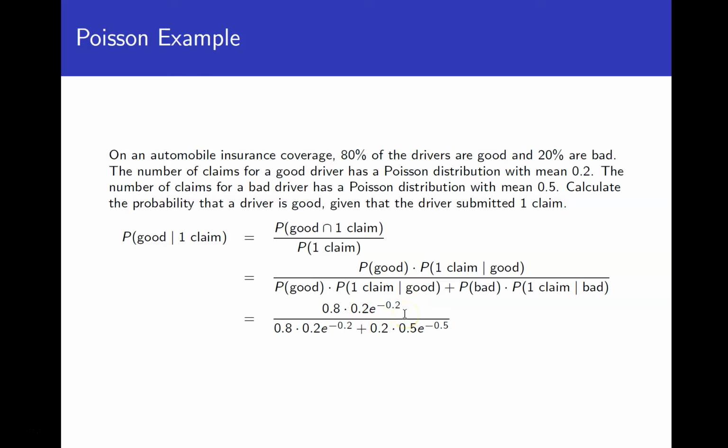So that's why there's not a denominator here, because we're dividing by 1. Then we have the same format in the denominator. Here's good and one claim. Here's bad and one claim. The only thing that changes really is the lambda. Those two things look identical except for the lambda. And if we calculate that, we get about 0.68.